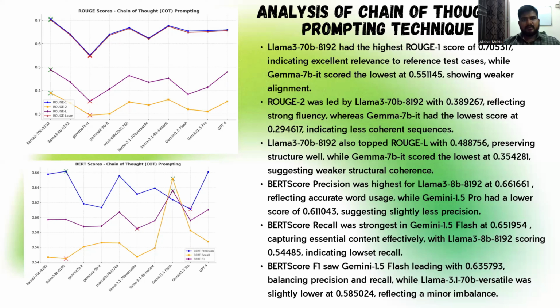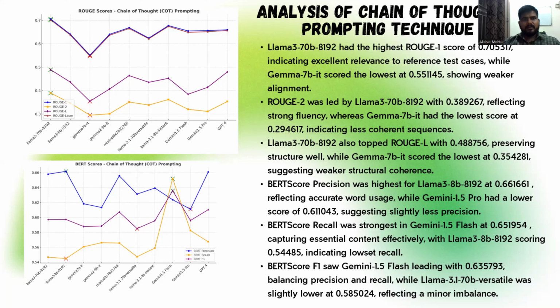Gemma 7B it had the lowest, 0.551145. In ROUGE-2, Llama 3 70 billion 8192 again led with 0.38926, indicating strong fluency, while Gemma 7 billion scored lower at 0.29416. ROUGE-L showed Llama 3 ahead with 0.48776, preserving structure, compared to Gemma 7B it at 0.5354821.